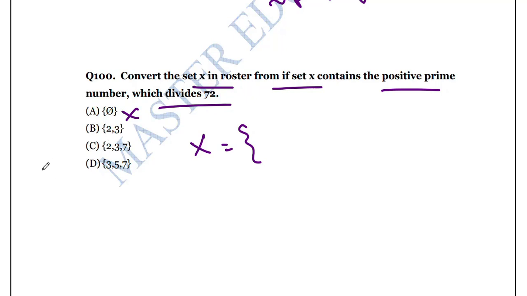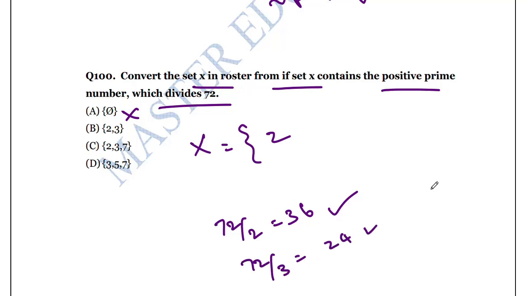So which divide 72? 72 divided by 2 equals 36, so 2 will come in the set. 72 divided by 3 equals 24, so 3 is also a divisor and will come in the set. Is 72 divisible by 7? No, so 7 won't come. 5 also won't come. So X equals {2, 3} is the answer.